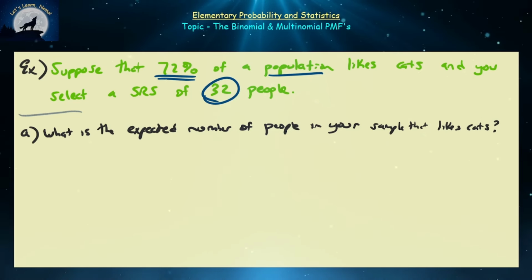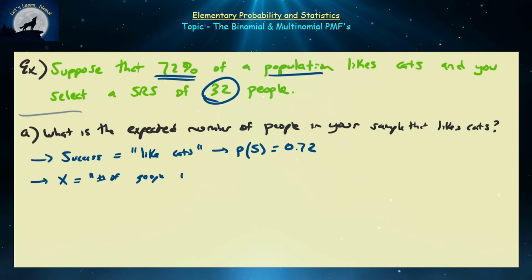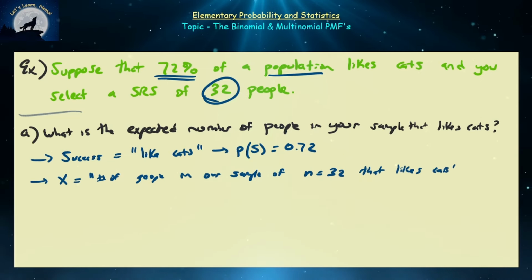So let's first off start by defining a couple things. So success is like cats. And the probability of a single person liking cats will be equal to 72%. And let's also define x to be equal to the number of people in our sample of n equals 32 that have a success, that like cats.